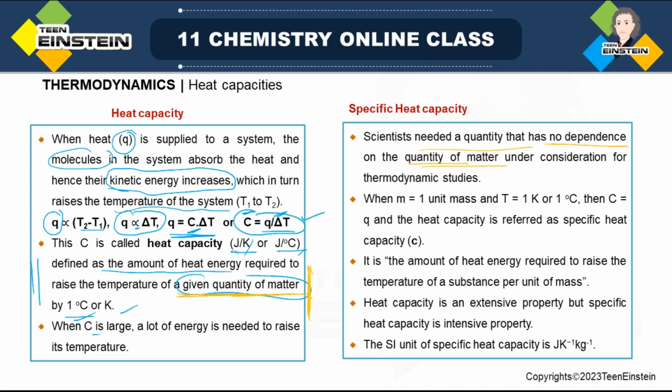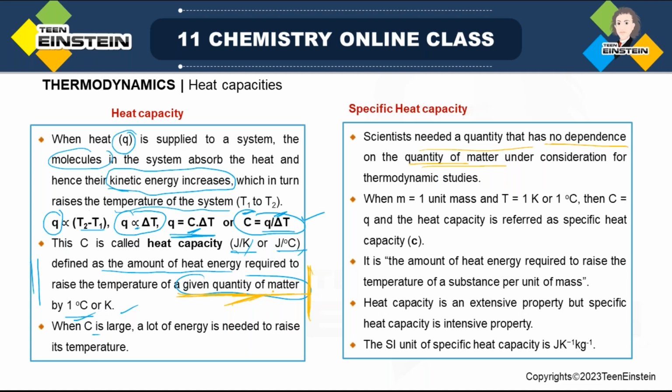In this case, as you have not mentioned the quantity, there is some dependency on the amount of matter, but sometimes this quantity of heat capacity is required where there is no dependence on the quantity of matter.